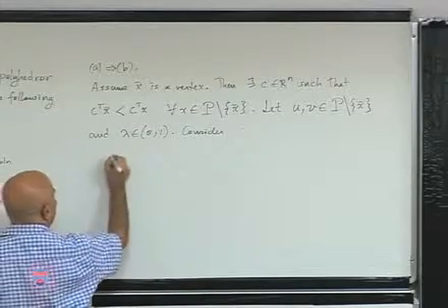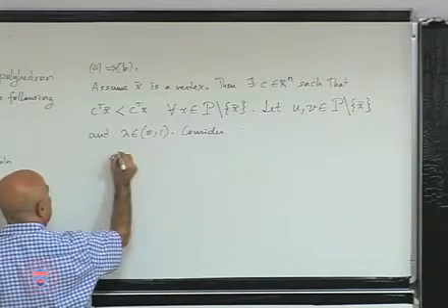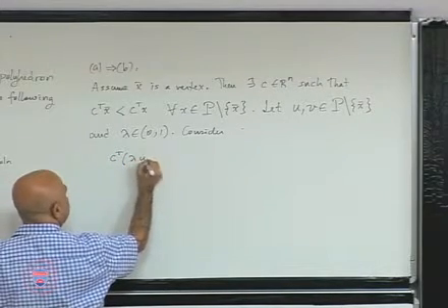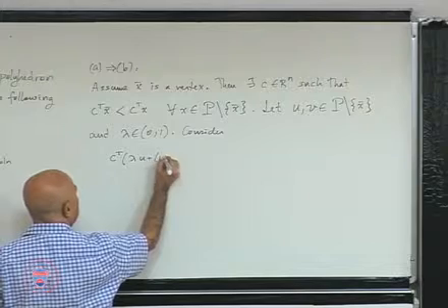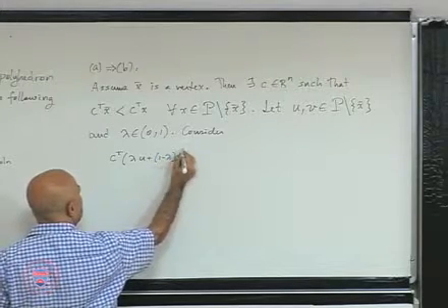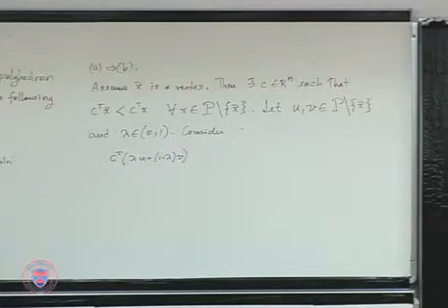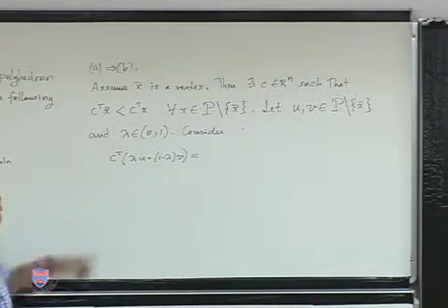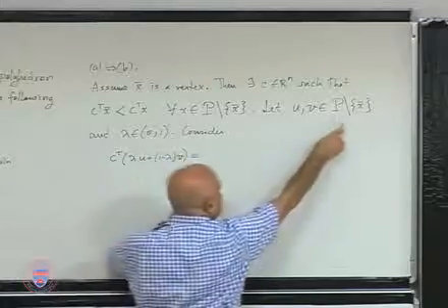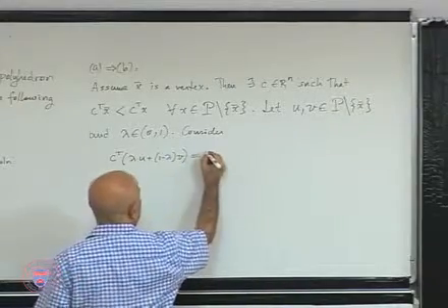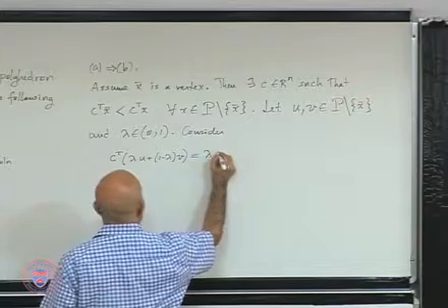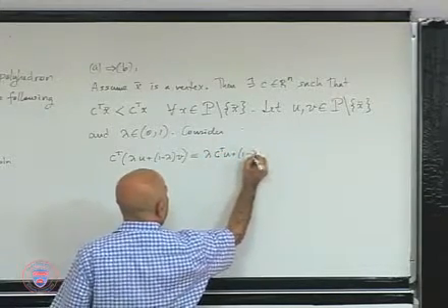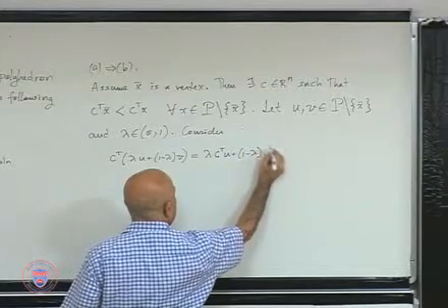So what I'm going to do is I'm going to take c transpose times lambda u plus 1 minus lambda v. Both points are different from x bar by my choice. So this is going to give me lambda c transpose u plus 1 minus lambda c transpose v.